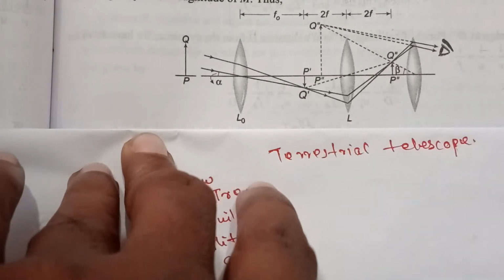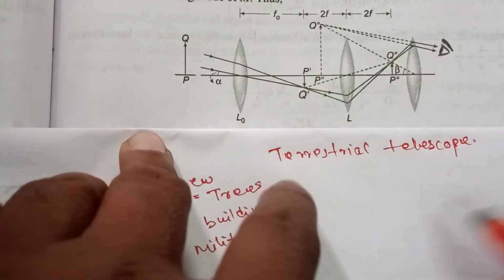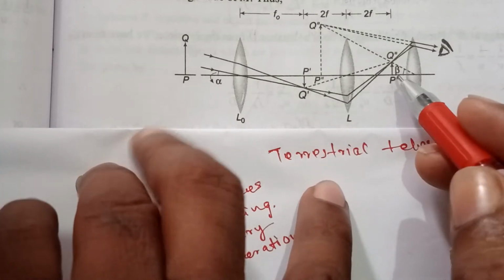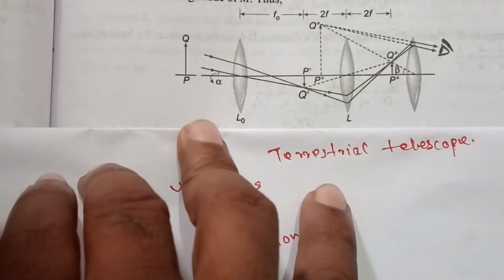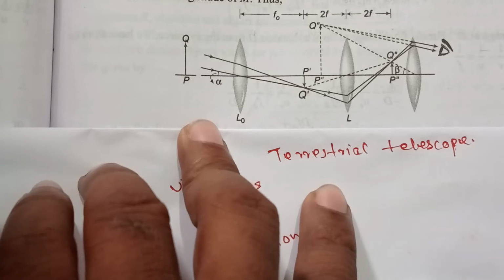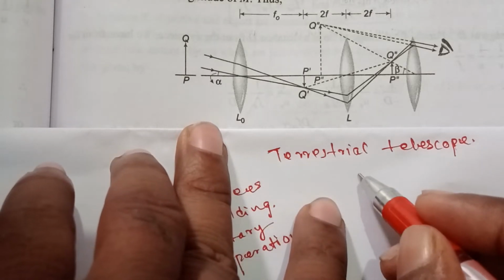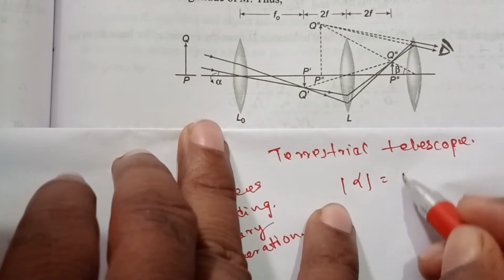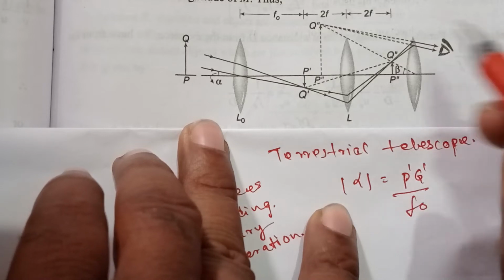Now we will derive the expression for magnifying power step by step. This is the angle beta and this is the angle alpha. We will use these to derive the magnifying power. Alpha is equal to p dash q dash by f naught.